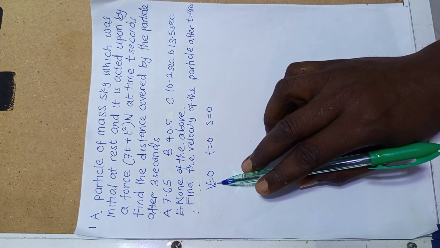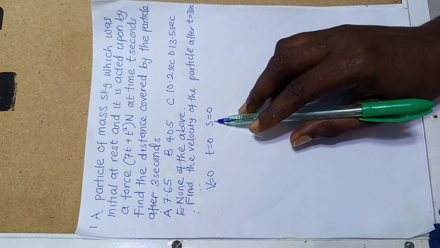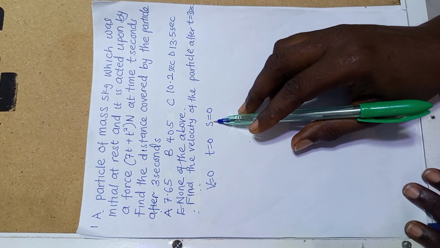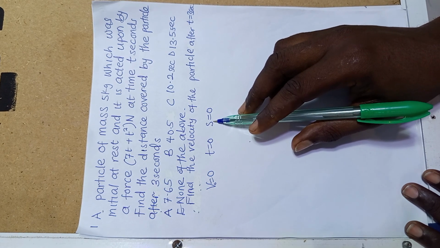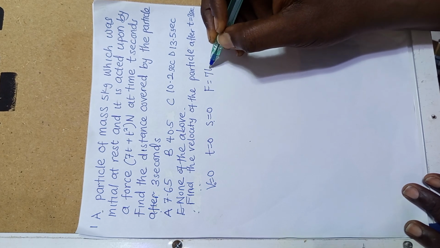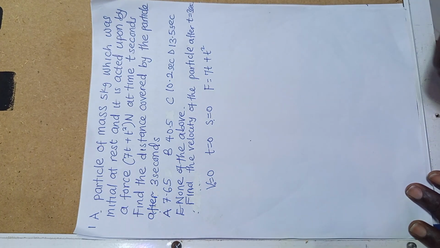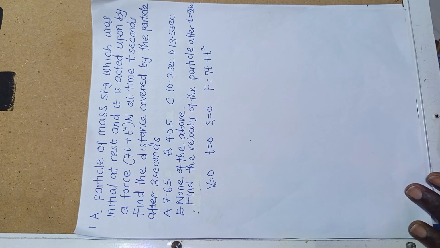V naught is the initial velocity, T is the initial time, and S is the initial displacement. It is acted upon by a force F. F is equal to 7T plus T squared Newtons at time T seconds. Find the distance covered by the particle after 3 seconds.